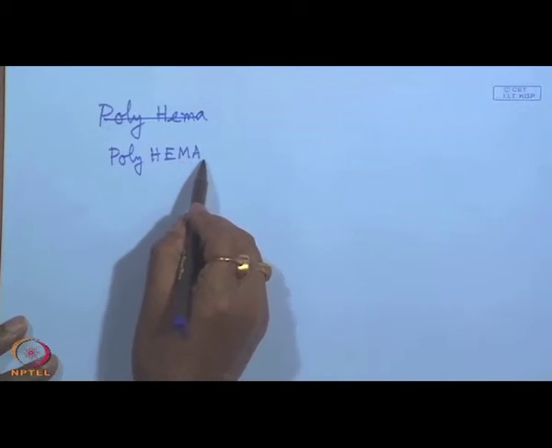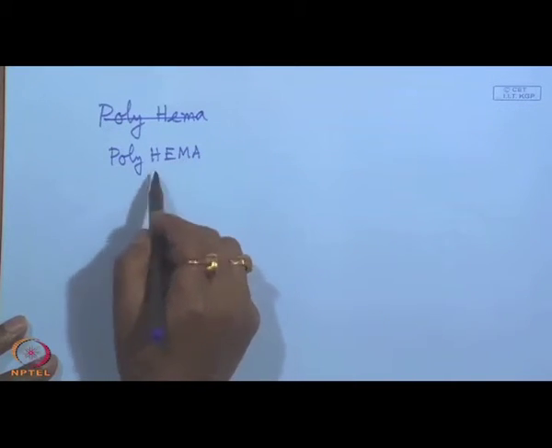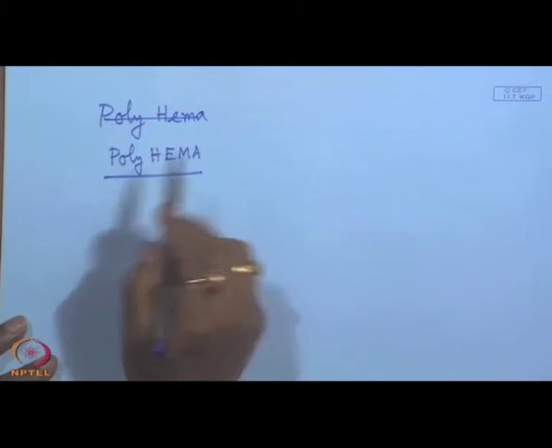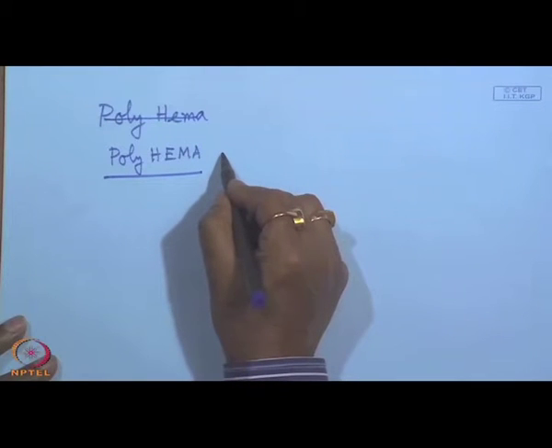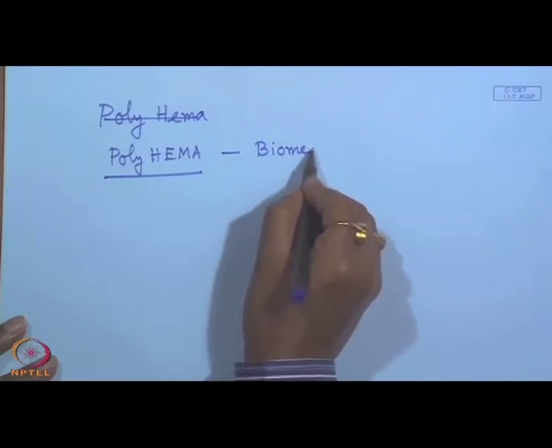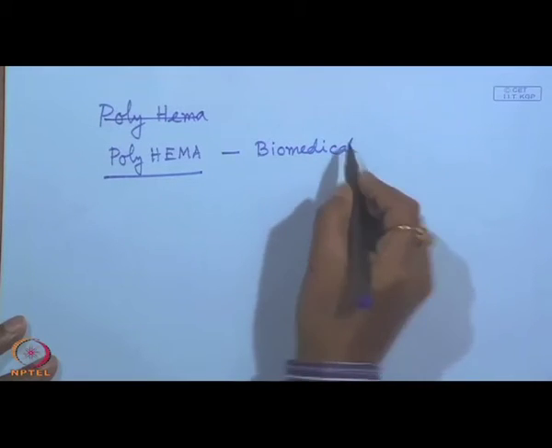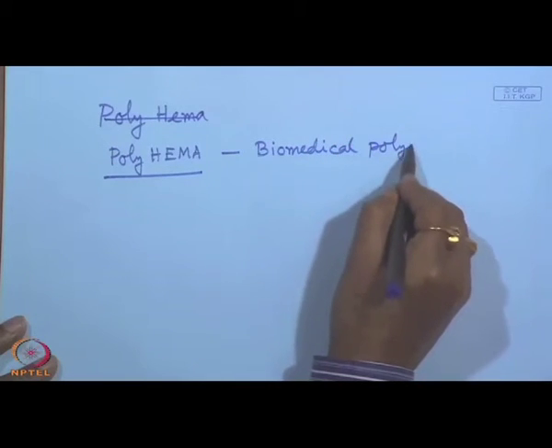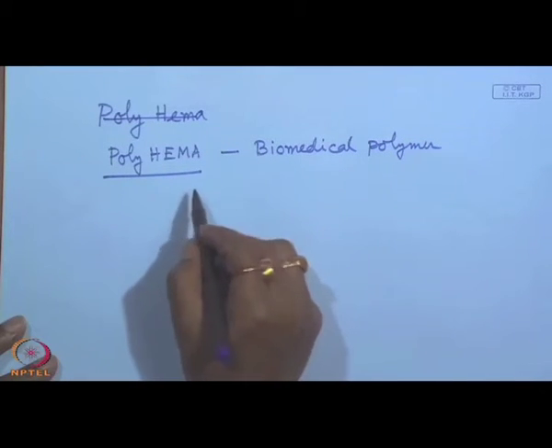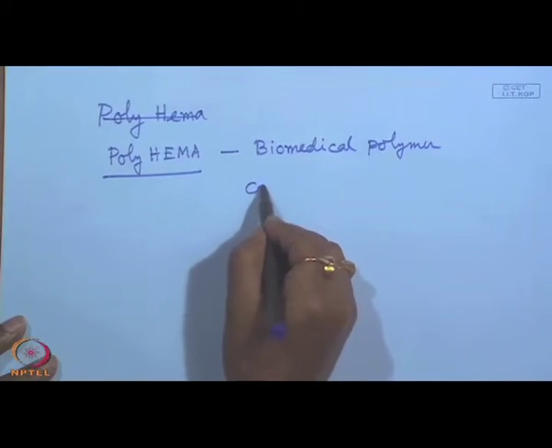Polyhydroxyethyl methacrylate is polyHEMA. This polyHEMA is a very good biomedical polymer. This is used to make contact lens.